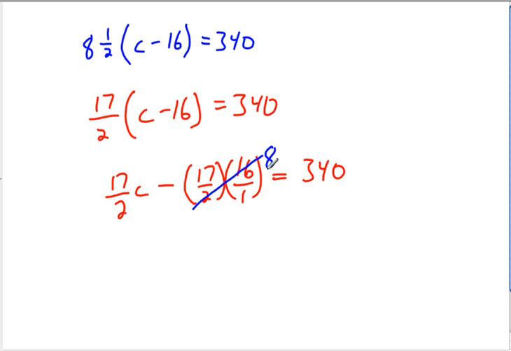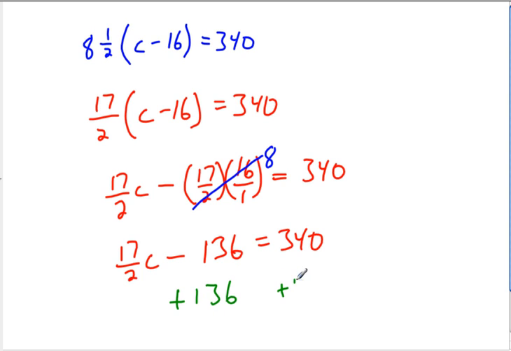So what we have is 17 over 2c minus 17 times 8, which is, I don't know, it's 170 minus 34, so 136, I guess. And that's going to equal 340. We're going to add 136 to both sides.